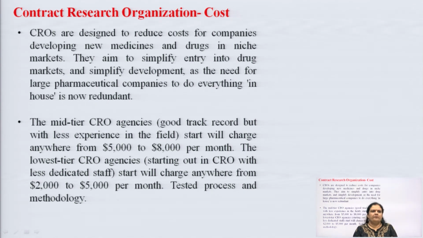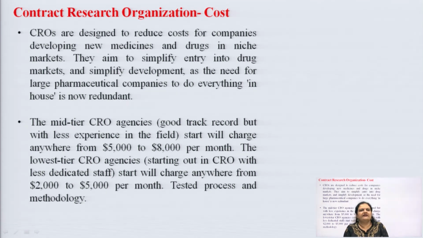So, there are mid tier and low tier CROs available. A mid tier CRO agency is considered good and maintains a good track record, but with less experience in their field. This type will start by charging anywhere in the country from $5,000 to $8,000 per month.